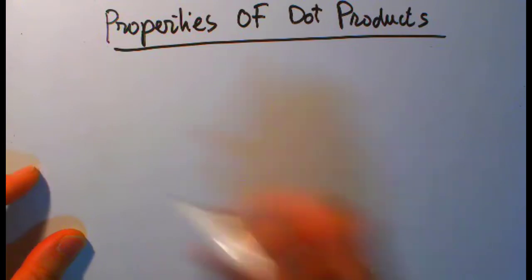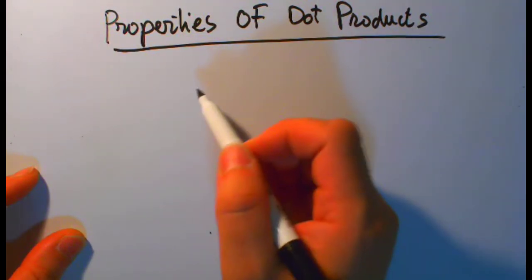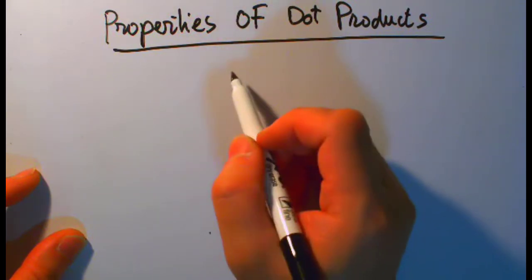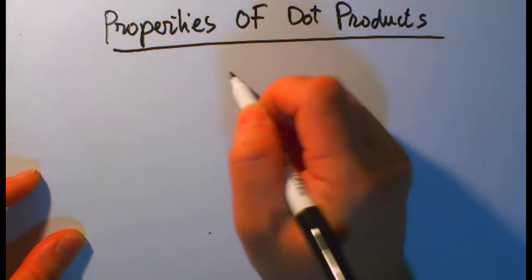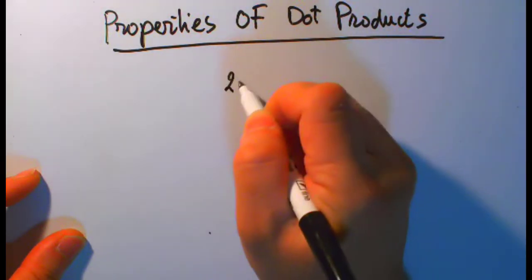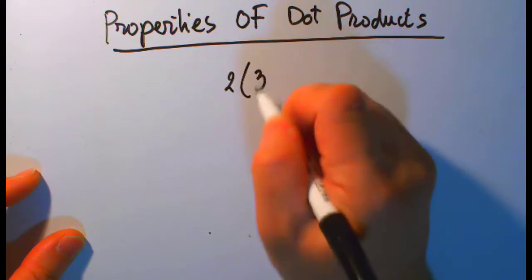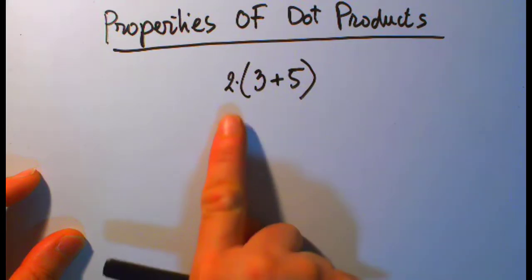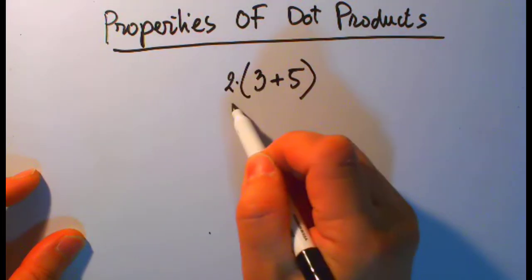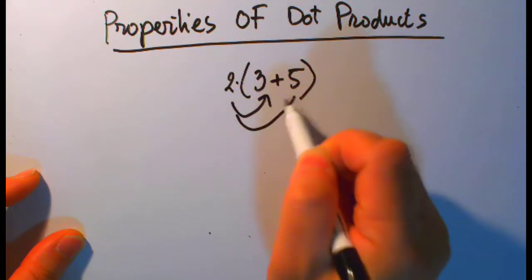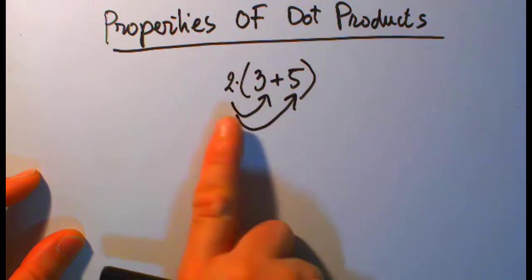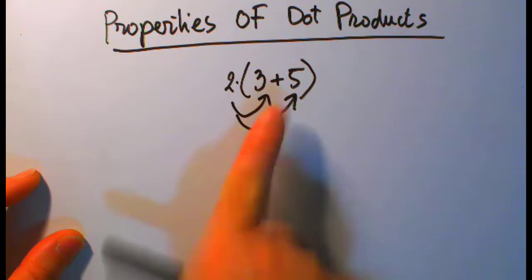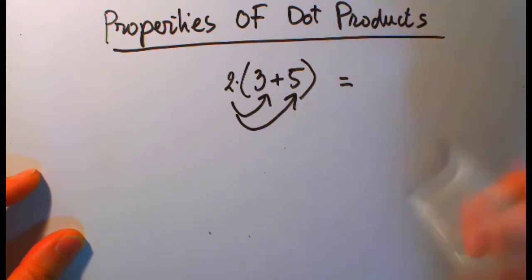All right. And so once again, think about back in the days where we were doing, let's say, 2 as a common factor multiplied with 3 plus 5. In the world of real numbers, we are able to distribute that common factor 2 into each one of the terms inside the parentheses.